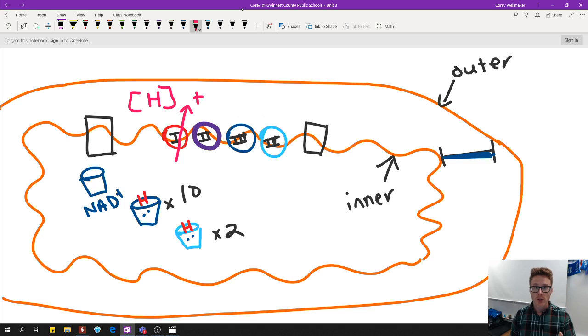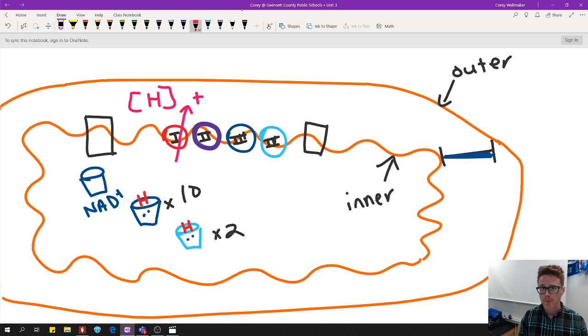Now, normally when we talk about pumps, we talk about primary active transport, which uses ATP. We talk about secondary active transport, which uses the concentration gradient of something else to actively transport something else. But in this case, the fuel for the active transport is coming from the electron. It's not coming from ATP.